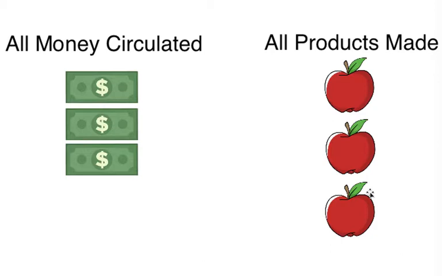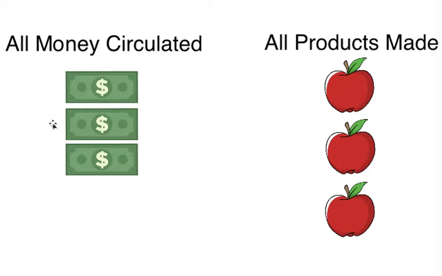And just to simplify our example, let's say that the only thing the money can be used for is to buy these products here on the right. None of the money is saved. Every year, all the money that's circulated is spent on these products.